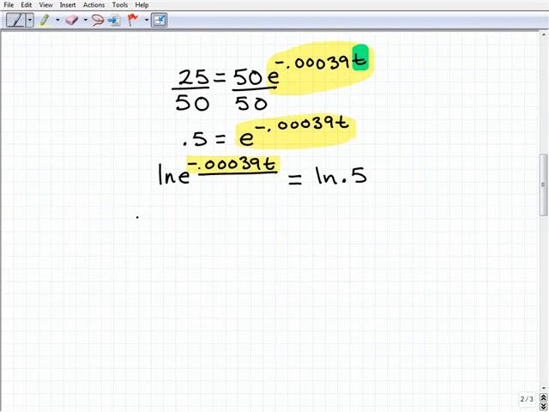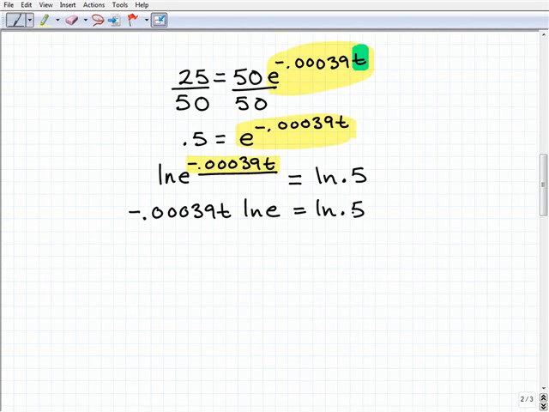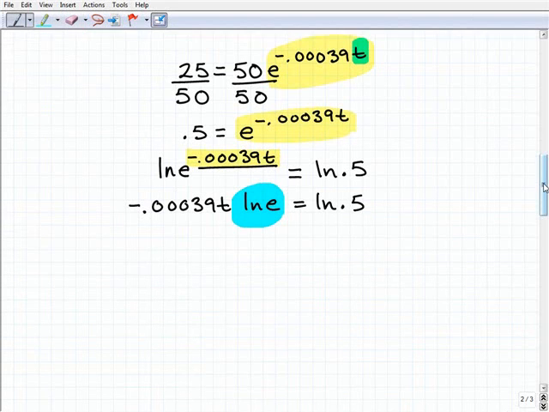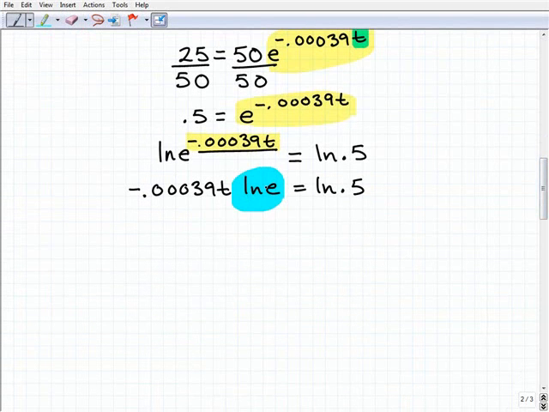And this is going to be negative 0.00039 t ln e equals ln 0.5. All right. Now what? Basically, we should know now, or you should have screamed it out to me and said, oh, ln e is equal to 1. Get rid of it. And that's exactly right. ln e is equal to 1, so basically just goes away.